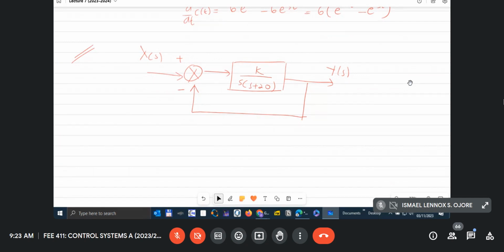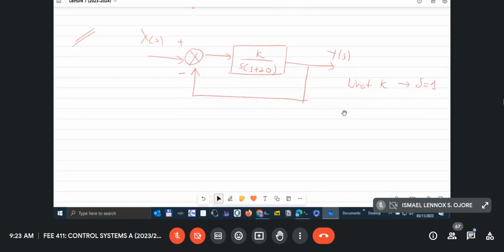Find the value of K that will result in a critically damped case. So what is K? Delta is equal to 1, critically damped case. So we can get our Y of s over X of s, like that.